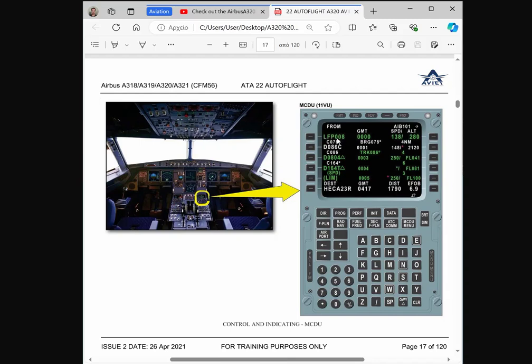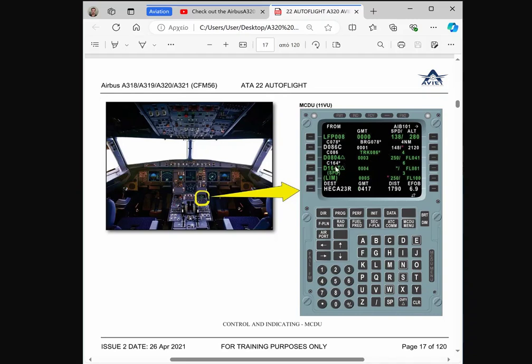This is the name, this is the time, this is the speed, and this is the altitude. Now the nautical miles: how many nautical miles you are from here. And you go like this, guys. This is how the captains and the first officers place the flight plan.